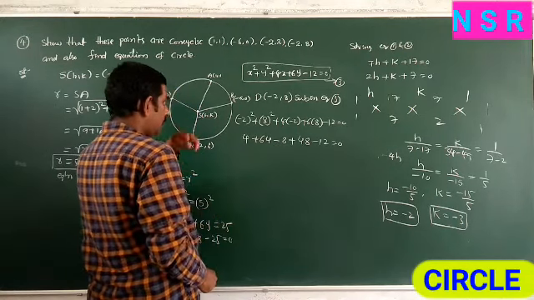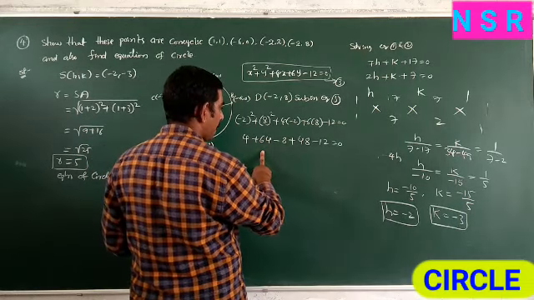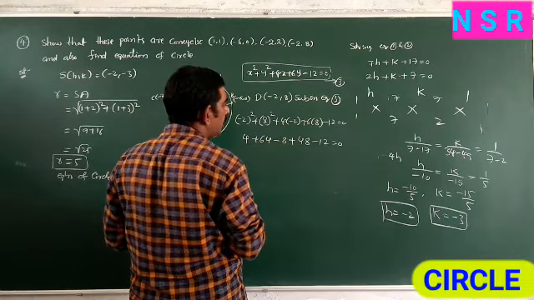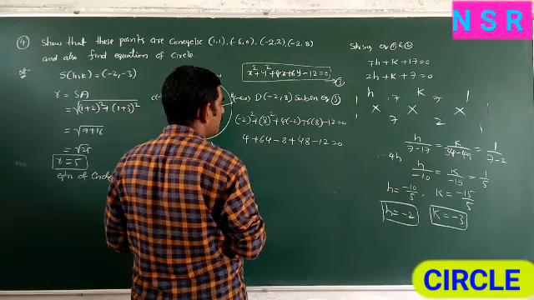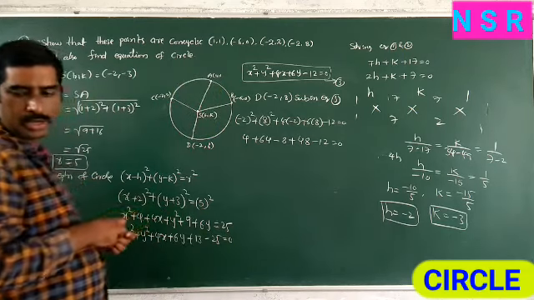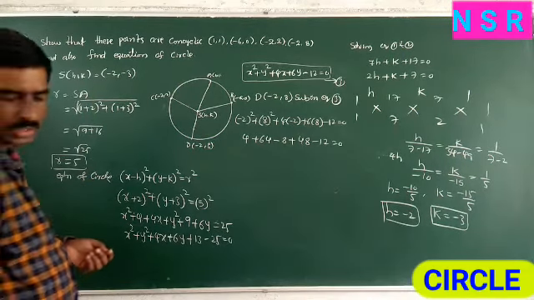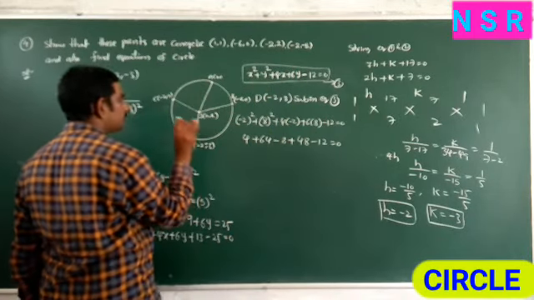Here 64 plus 48 minus 12. Here D point is minus 2 comma minus 8.